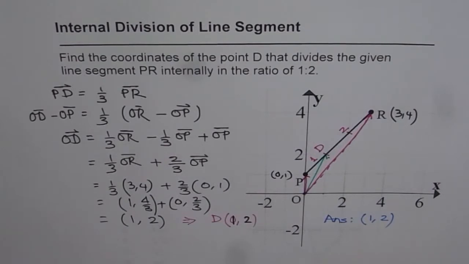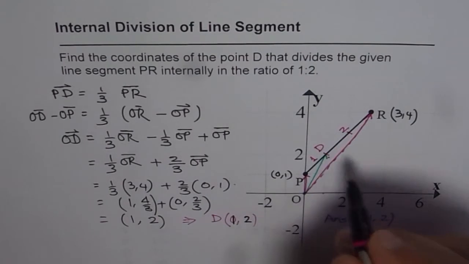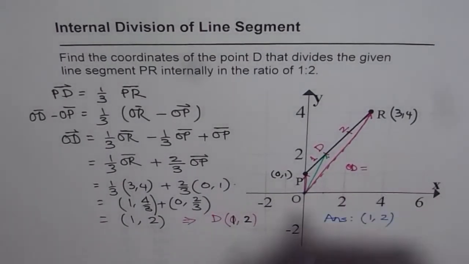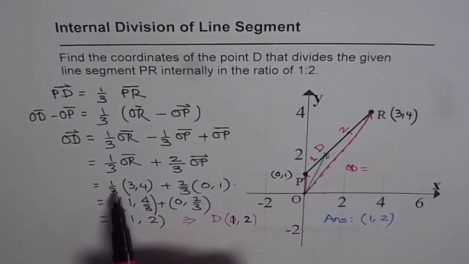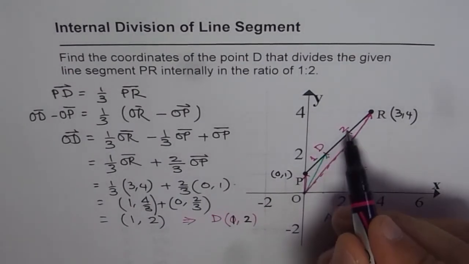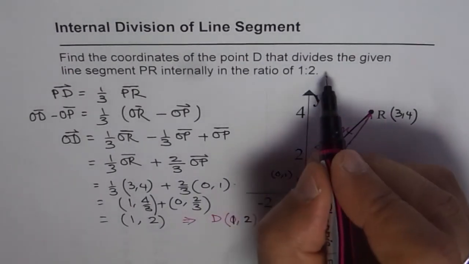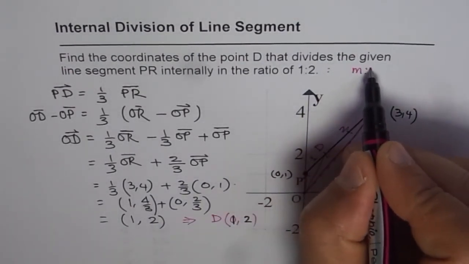And in the last video we derived a general equation also, which I can write now here also from here, right? Which is, we can say OD is basically equal to, when we say 1/3, basically you got 1 over these two, right? Let me write this ratio as m:n.